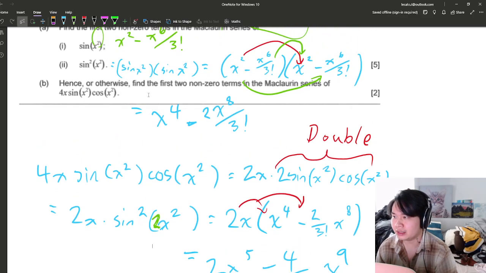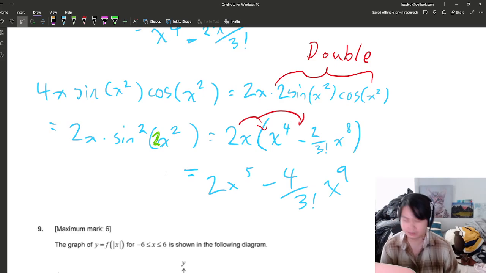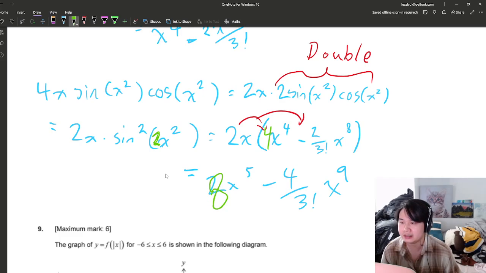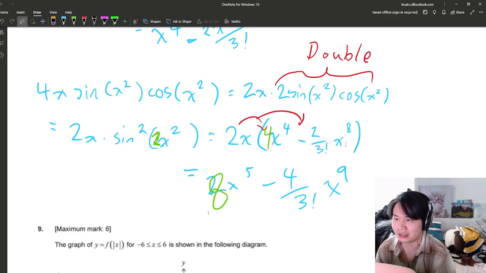So for example, this x to the power of 4 has 2 x squareds multiplied together. So we would have 2 factors of 2 multiplied. So in other words, this should have a 4. So this should be an 8. And this one is x to the power of 8. So then there are 4 factors of x squared.